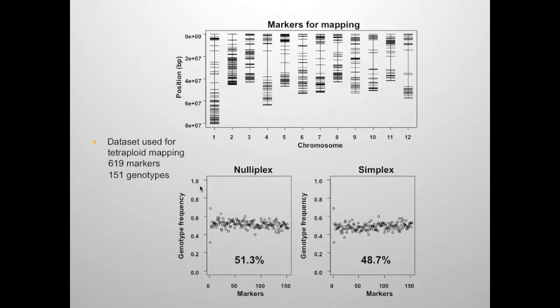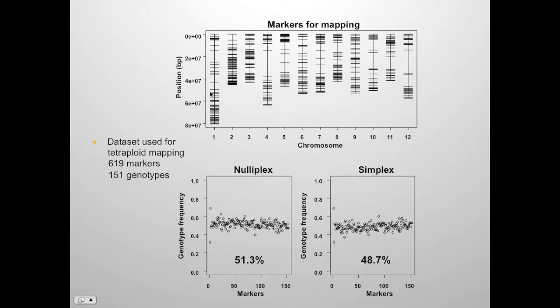Well, this is a summary of my data set that I'm going to use for mapping. You can see the position in base pairs and the markers by chromosome. So this is based on the pseudomolecule.